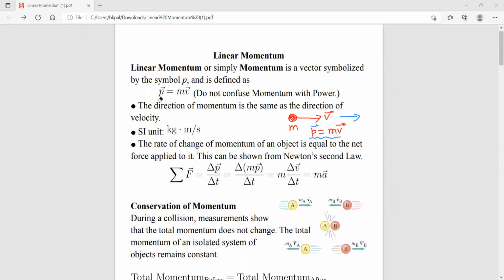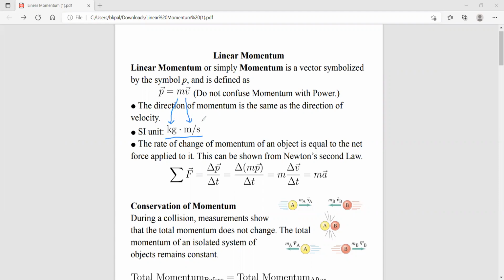Now we learned the definition of the momentum, and we learned that it is a vector quantity. Now, what is the standard international unit? The standard international unit is this one. Here kilogram is coming from mass, and meter per second is coming from velocity.